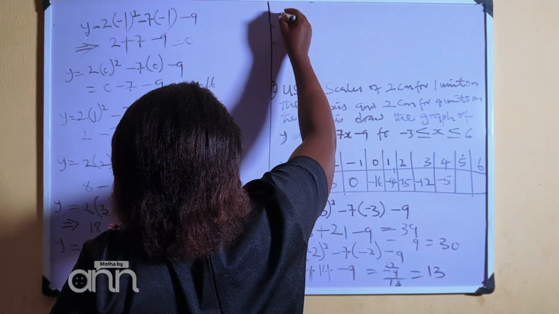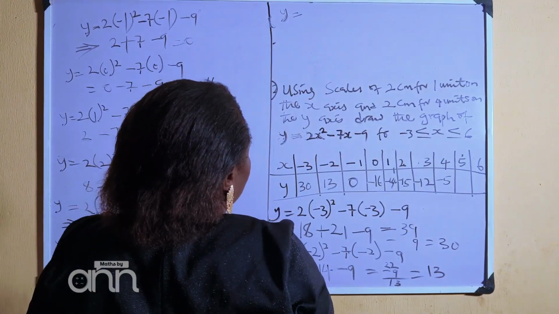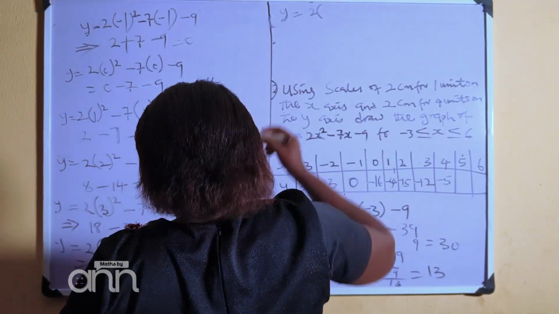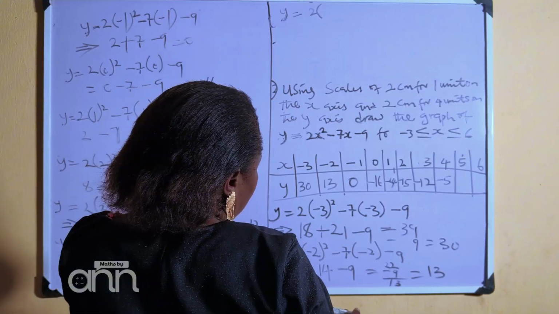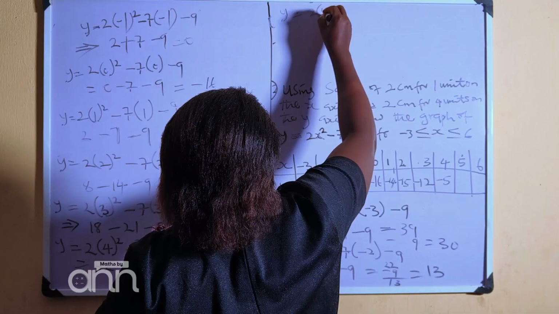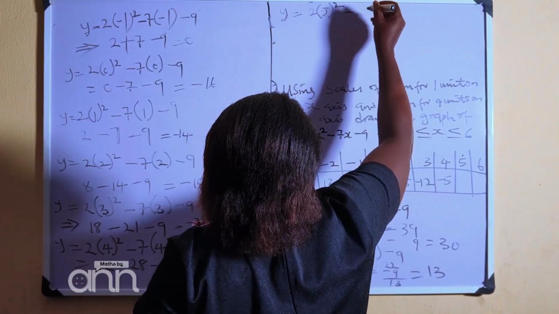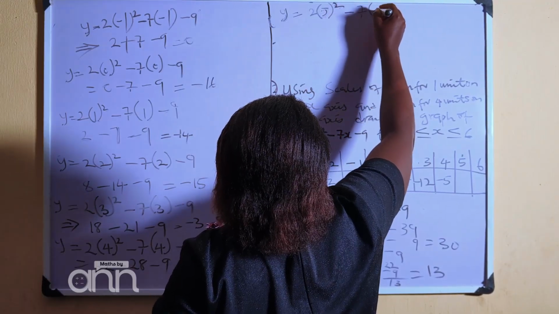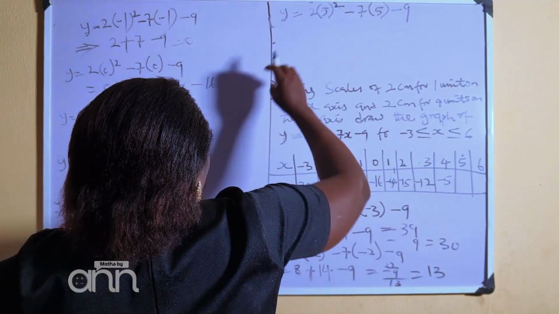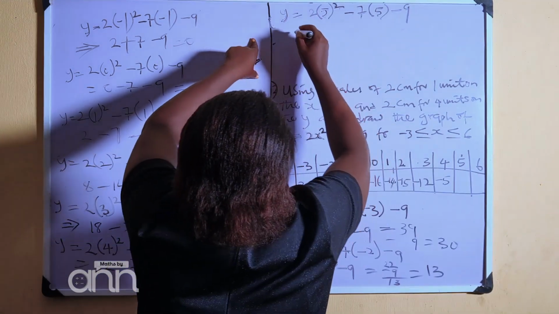You have y equal to 2 into 5 raised to power 2 minus 7 into 5 minus 9. 5 raised to power 2 is 25, multiplied by 2 is 50.